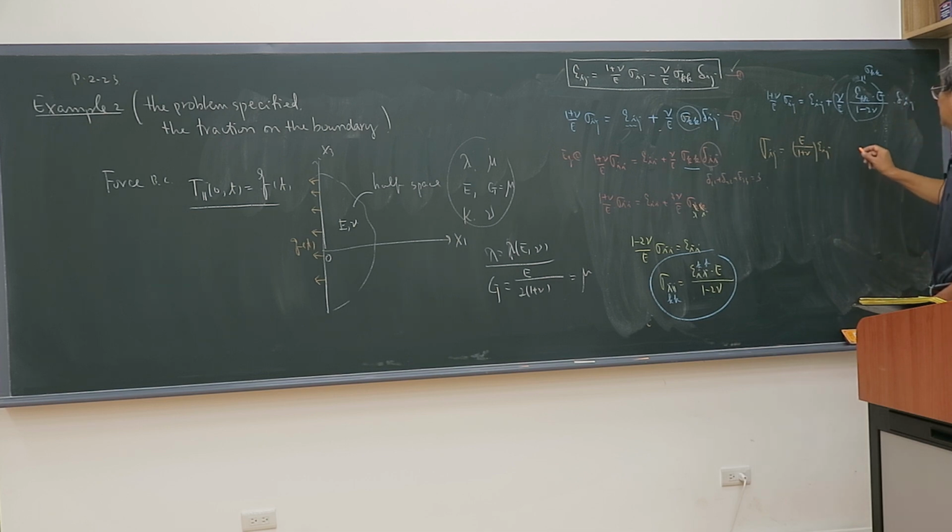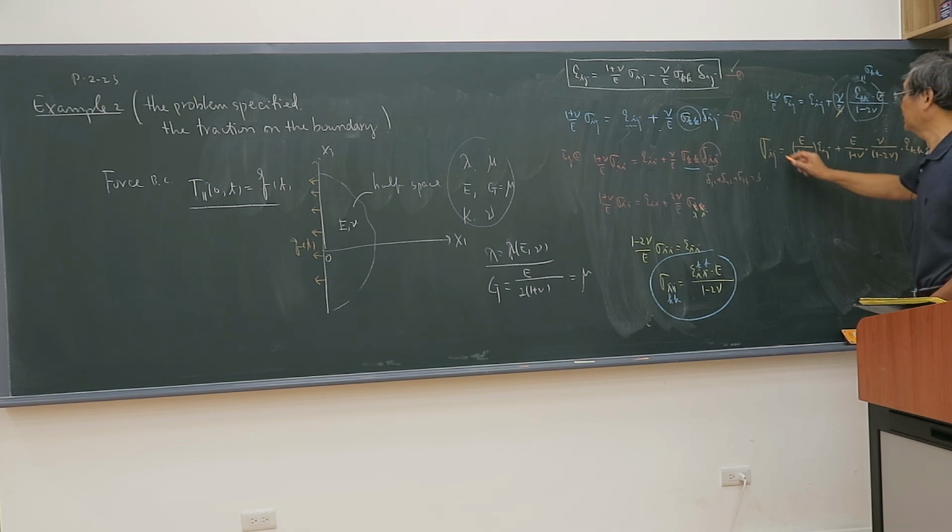And E can cancel, right? And plus Eν/((1 + ν)(1 − 2ν)) εkk δij. Okay?